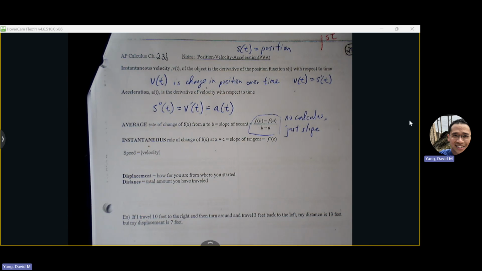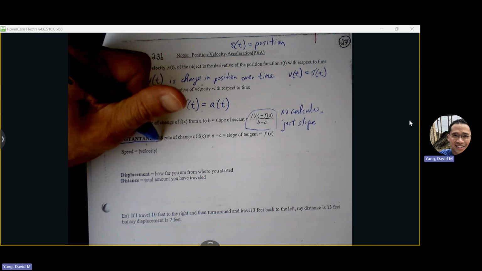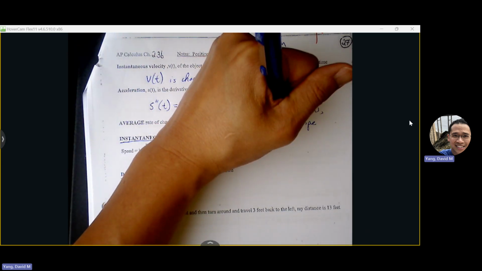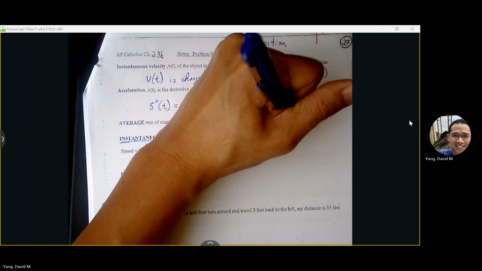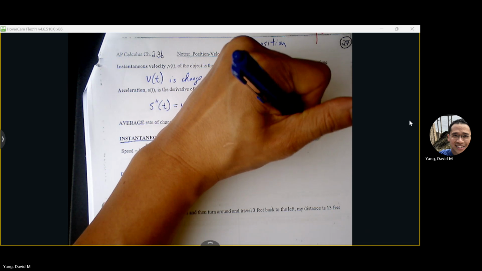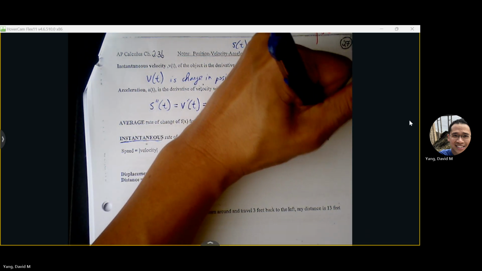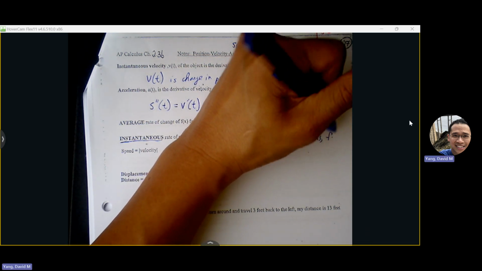If you see instantaneous rate of change, then it's asking what is the exact velocity, exact rate of change at that moment in time. And because of that, we will have to do calculus for that. So if you see instantaneous rate of change, this is where we have to find the derivative and use calculus.